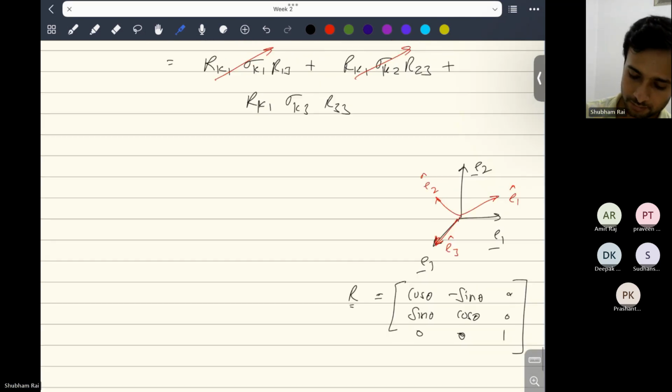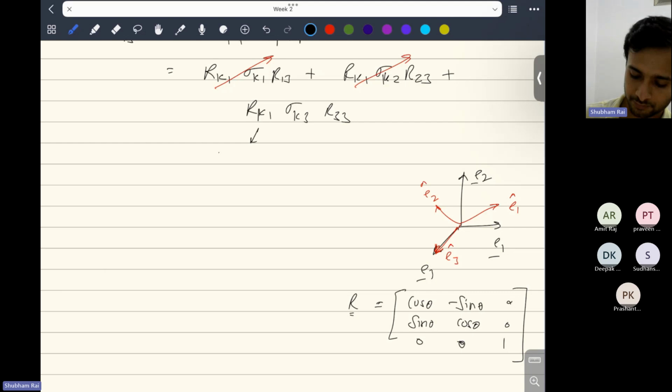So let me expand this. So this will be R11 sigma 13 R33, R21 sigma 23 R33, R31 sigma 33 R33.